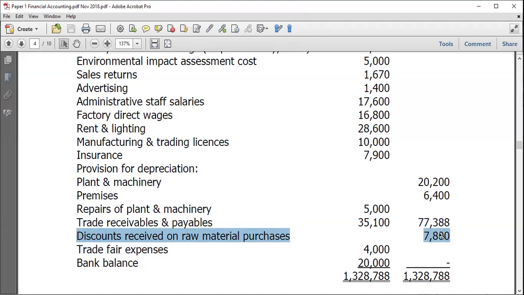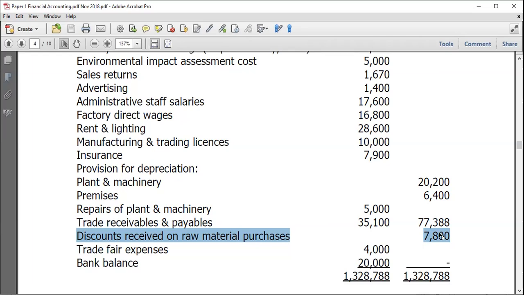Now, discounts on raw materials purchased, these are discounts received, okay? They reduce how much our raw materials cost. The discounts received reduce how much our raw materials cost.